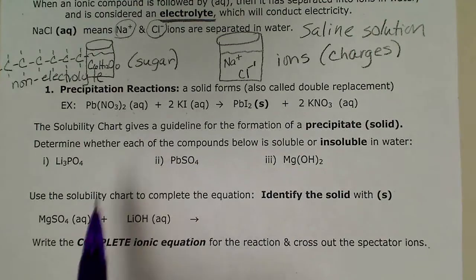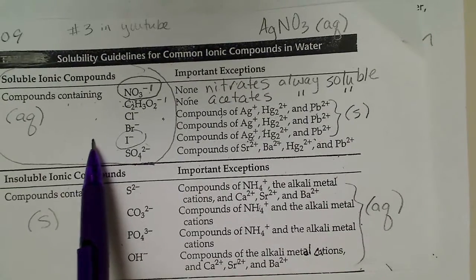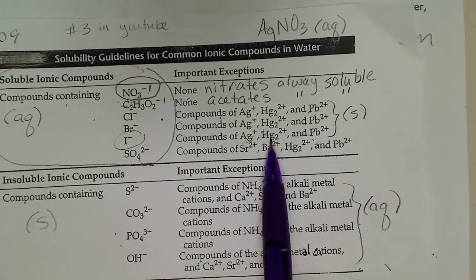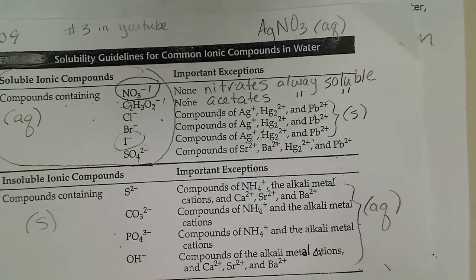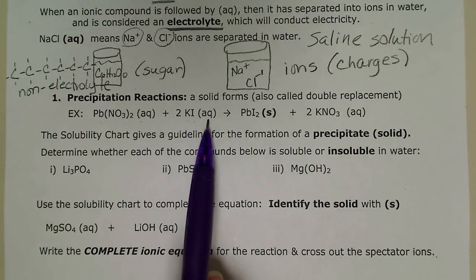Potassium iodide is also soluble because iodides are soluble compounds, and the exception, silver, mercury, or lead, is not here with potassium. So these both dissolve in water.